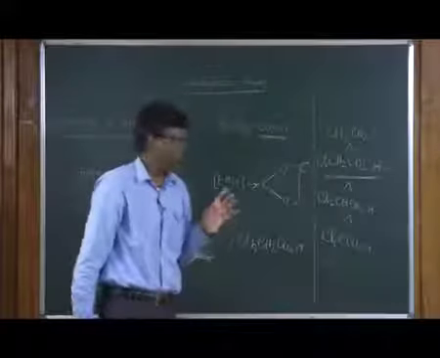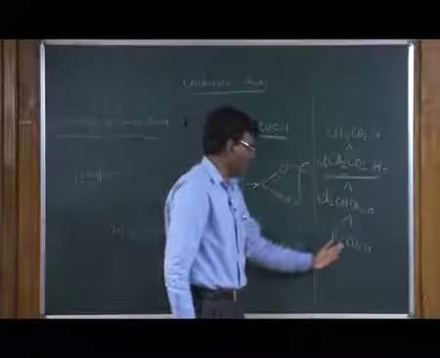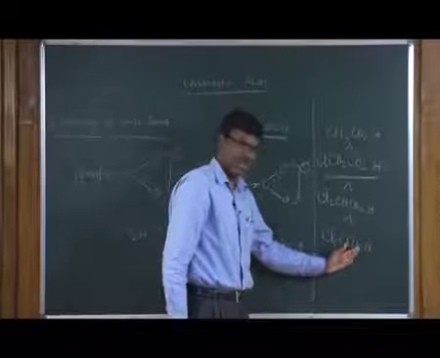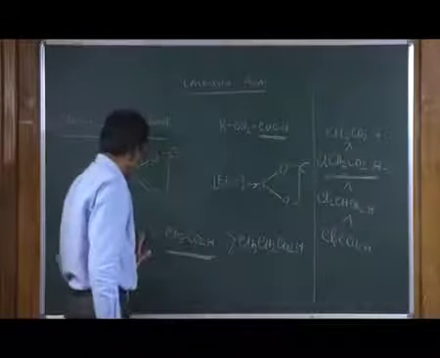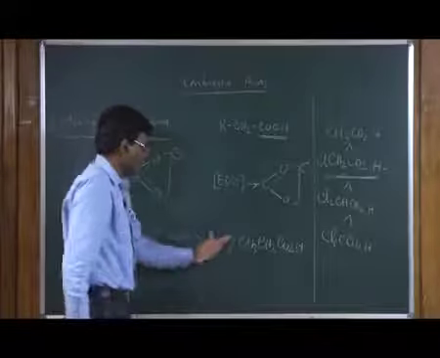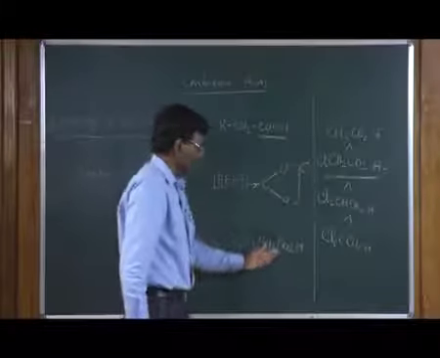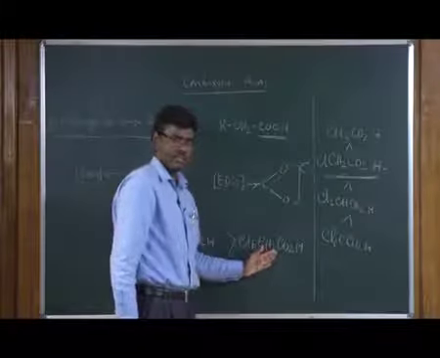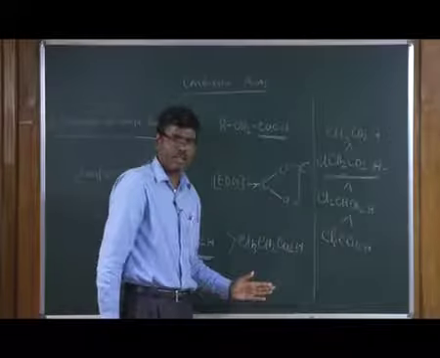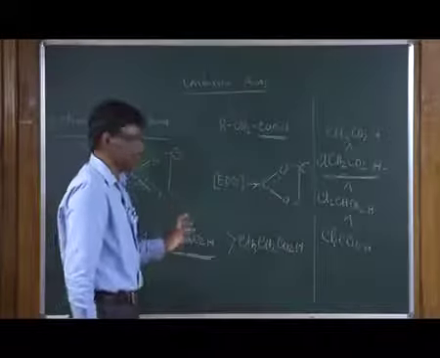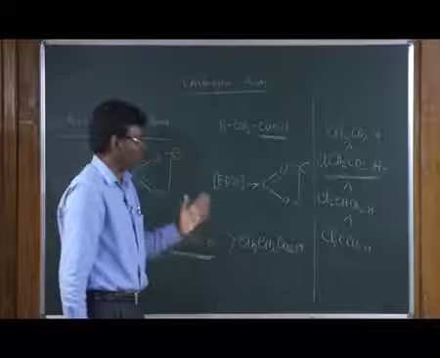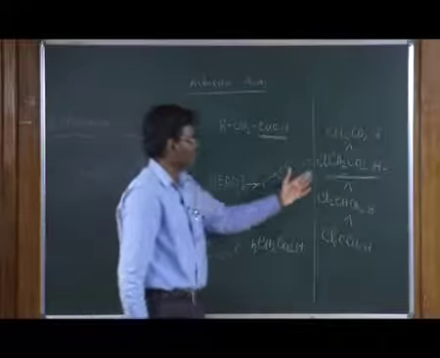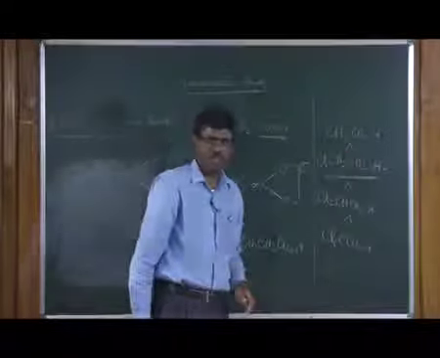So, when you introduce an electron withdrawing group, the acidity of the carboxylic acid increases, and similarly, when you introduce an electron donating group, the acidity of the carboxylic acid decreases. Different substituents affect the acidity of the carboxylic functional group.